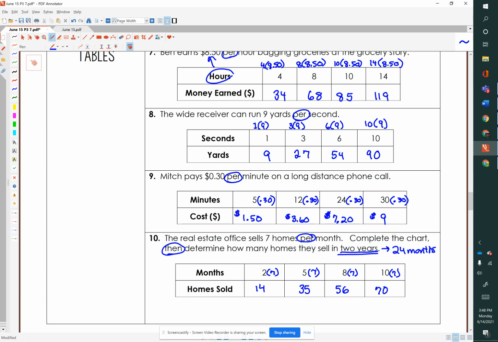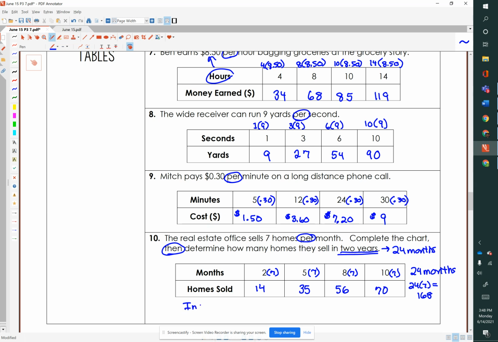Now, let's answer the second question. How many homes will they sell in 2 years? So let's see, 2 years is 24 months. And 24 times 7 equals 168.